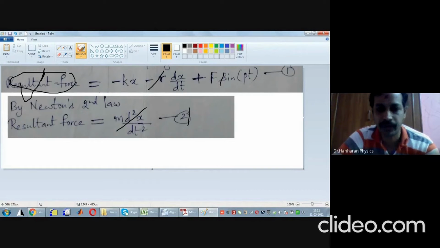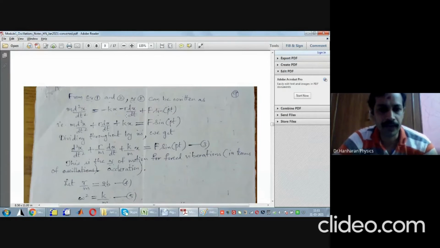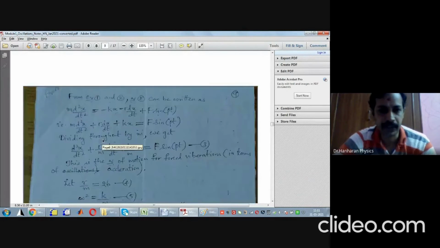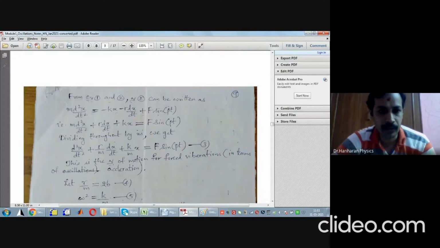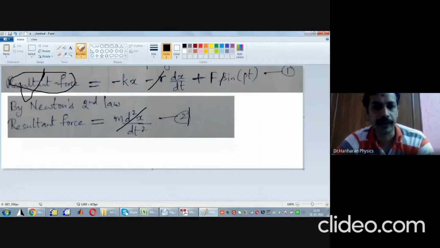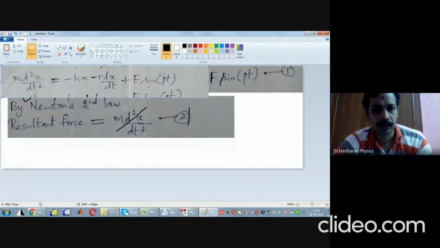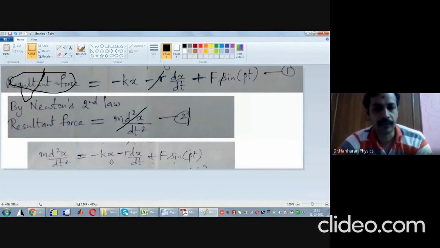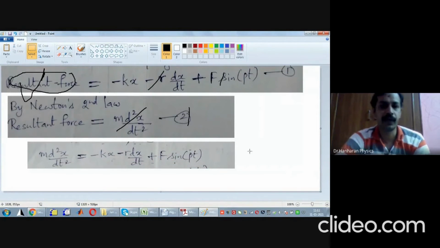Therefore, it can be written as m into d square x by d t square is equal to this whole thing. Okay, this is clear to you all.